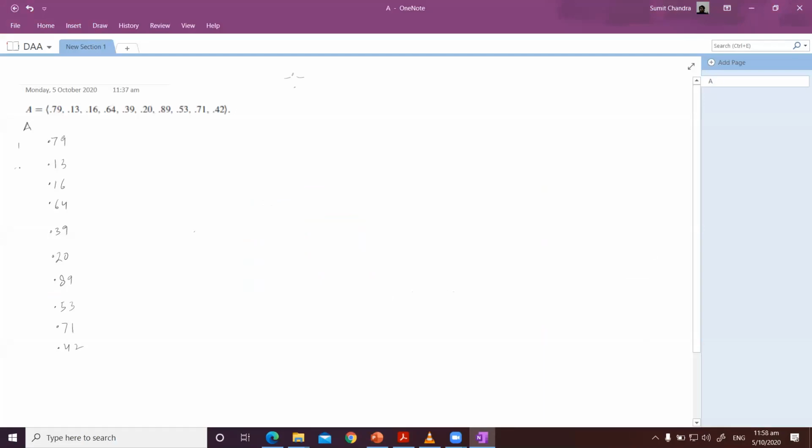So this is index 1, index 2, index 3, index 4, index 5, index 6, index 7, index 8, index 9, and index 10. Now we'll take an auxiliary array B. Obviously, when you take an auxiliary array B, it will need extra space. So this index will start from 0 to 9.